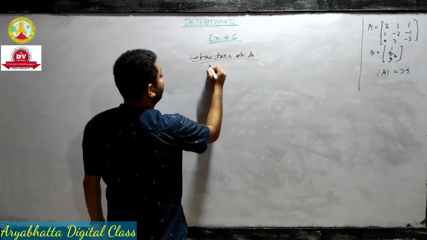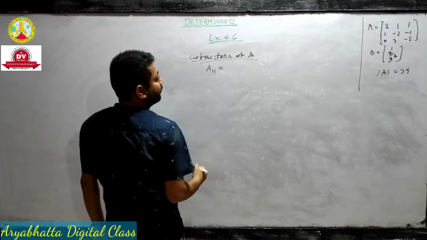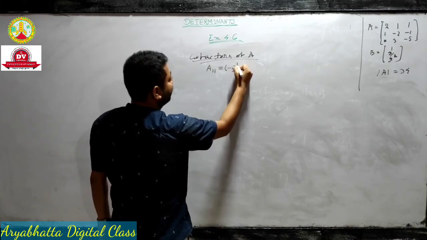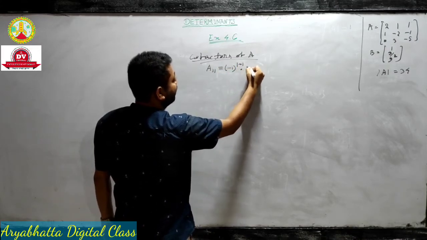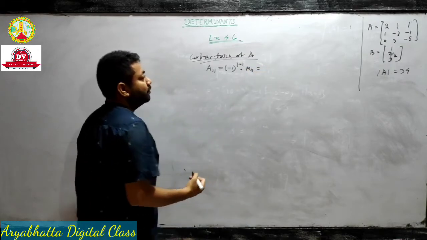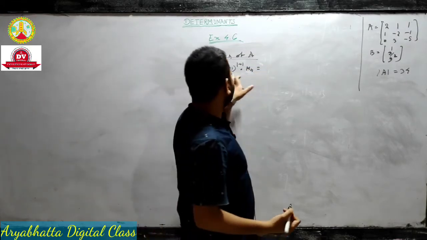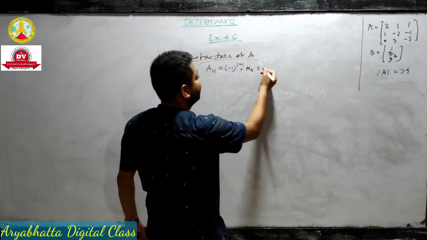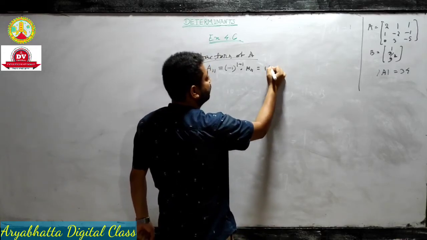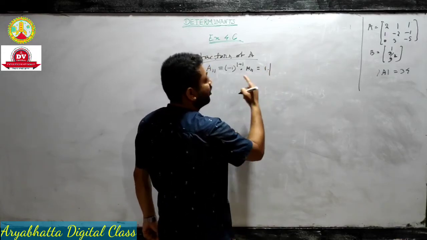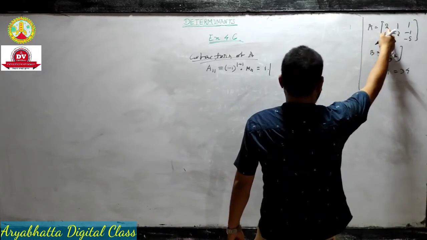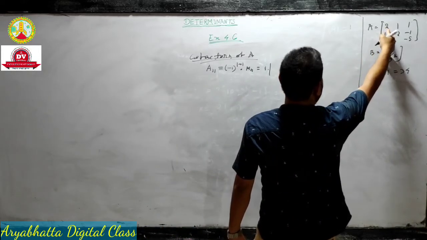Therefore, A11 is equal to minus 1 whole power 1 plus 1 into M11, which is minus 1 whole power 2, equal to plus 1 into M11, the minor of the element A11.